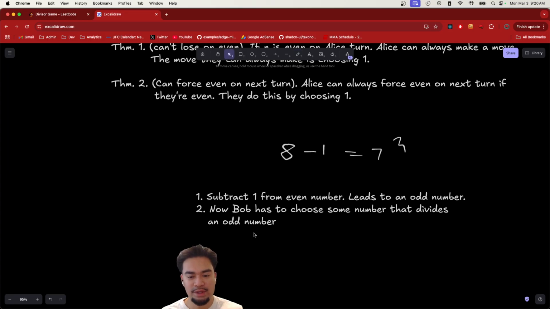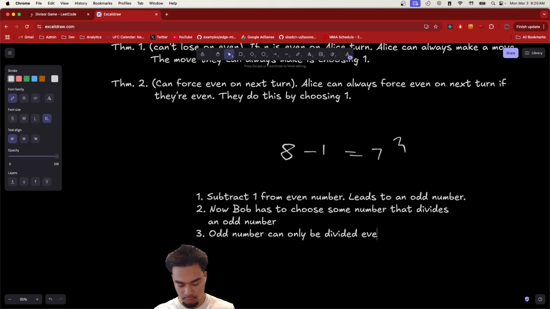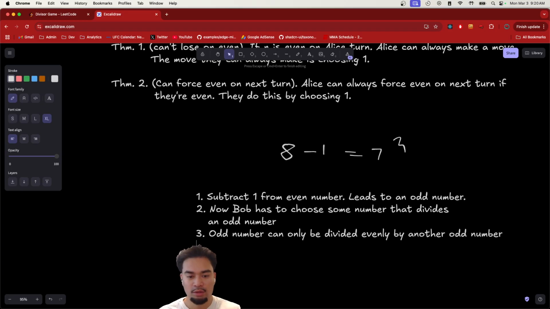And what we'll prove is that an odd number can only be divided by another odd number. So they need to choose an odd number, and odd minus odd is equal to even.